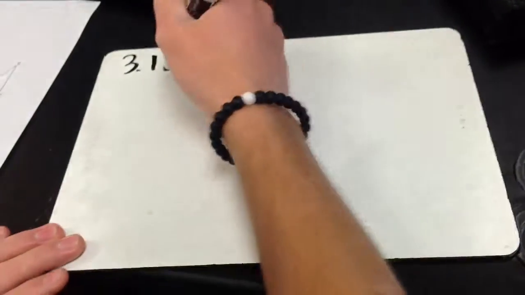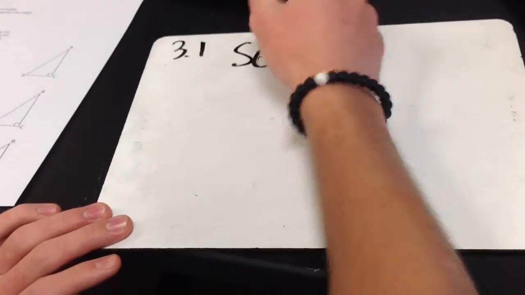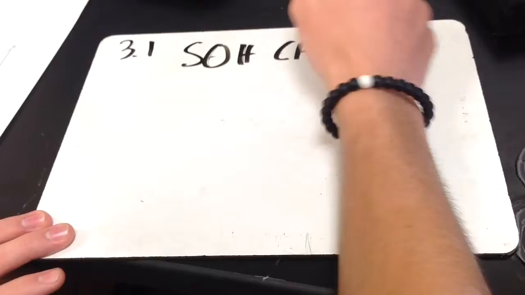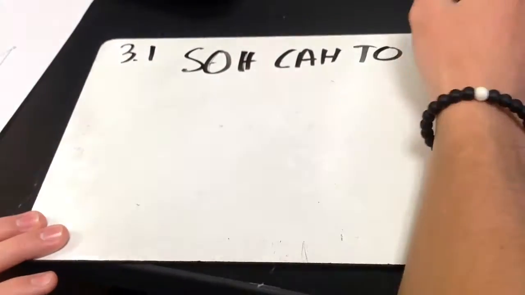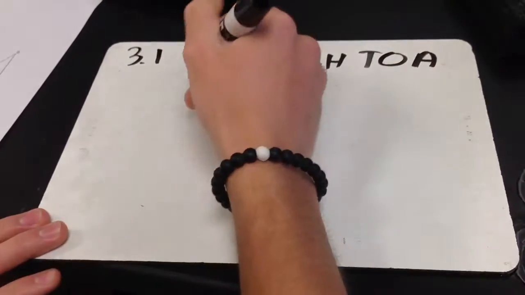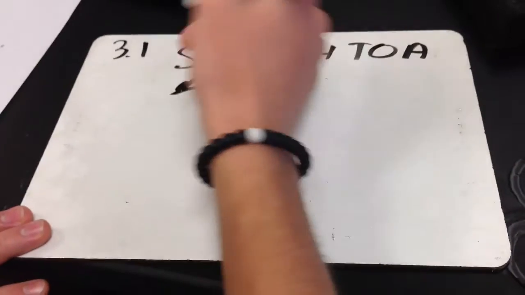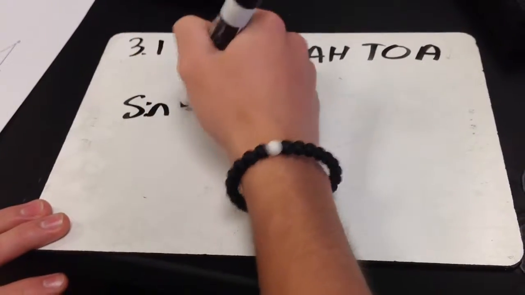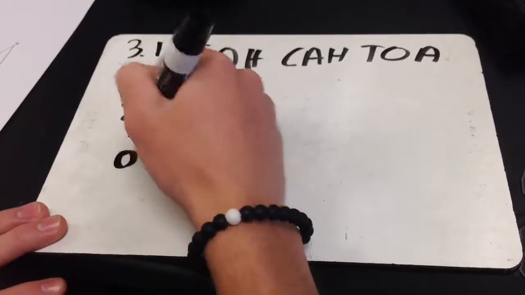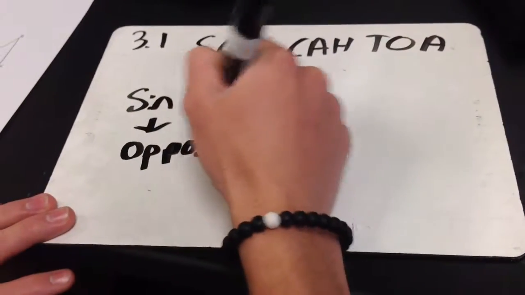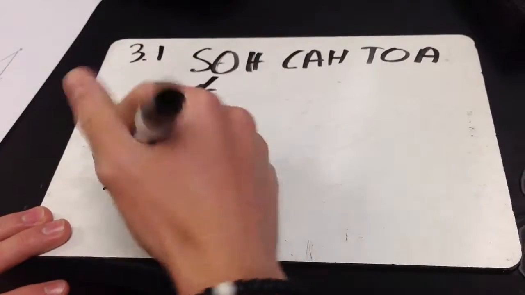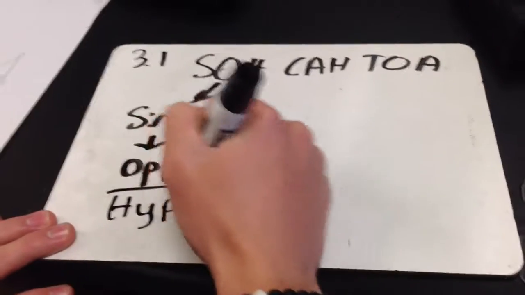And this is 3.1. So, first we're going to be learning about TOA. And just to recap a little bit, if you don't remember, SO is sine, and that would be opposite over hypotenuse.